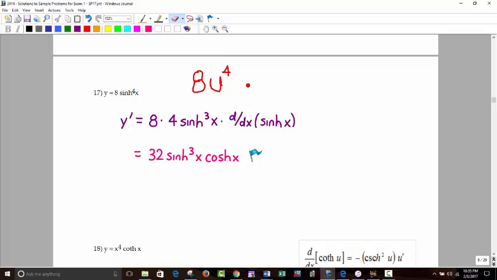So basically the derivative of 8u to the 4th, you'd bring the 4 down, which will make that 32. So it's 32u cubed times u prime, or du dx.